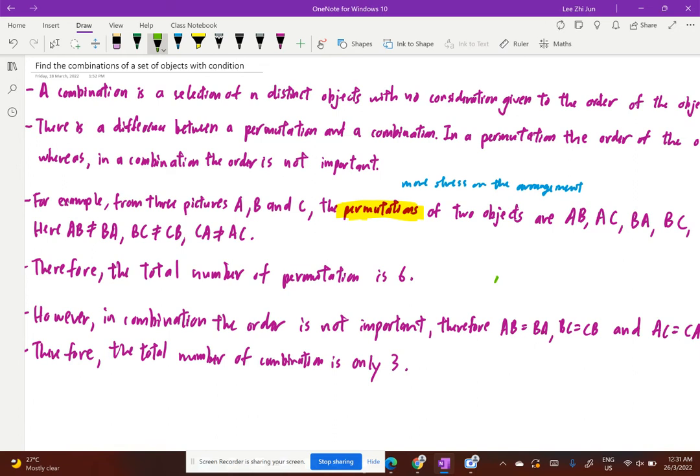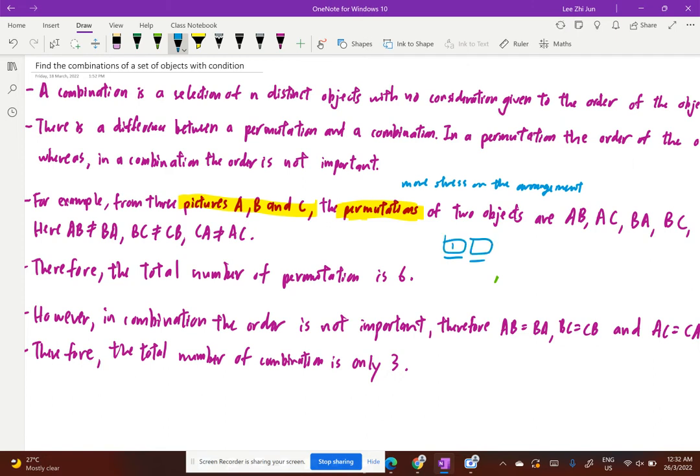Like this, with pictures A, B, C, AB is not equal to BA. The two pictures are chosen, so how can the two chosen pictures be arranged?